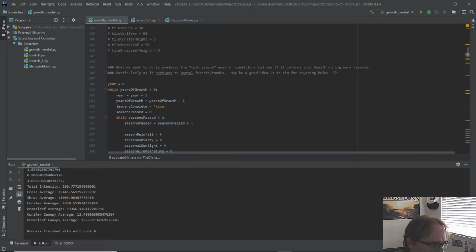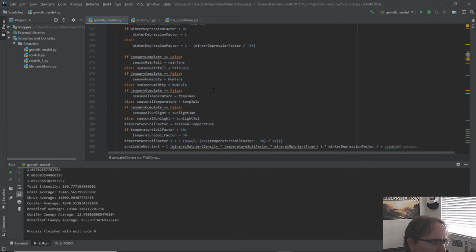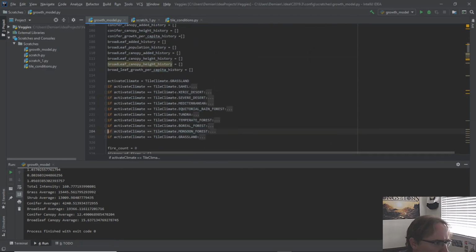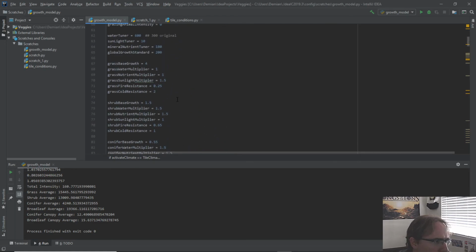Here's the tricky part too. The grazers are going to be eating the grass as well. But grass is supposed to grow substantially faster than everything else when it isn't crowded. So we may have to jack up, what is grass's base growth rate currently?